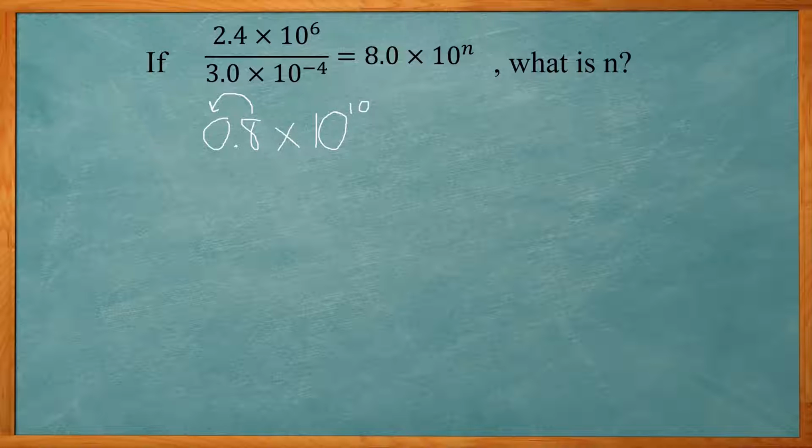So in order to do that, the decimal point is going to be moving one place to the right to give you 8.0. And when you do that, that's basically multiplying it by 10. So I need to reduce my exponent on the 10 power to 9. So this is equivalent to 8.0 times 10 to the 9th power. So n will equal 9.